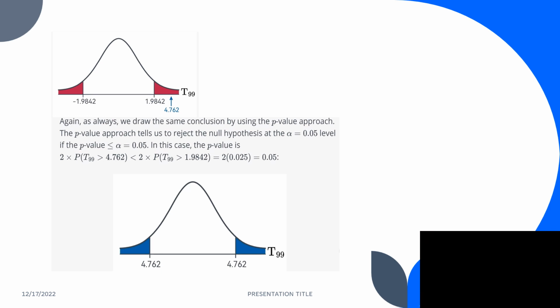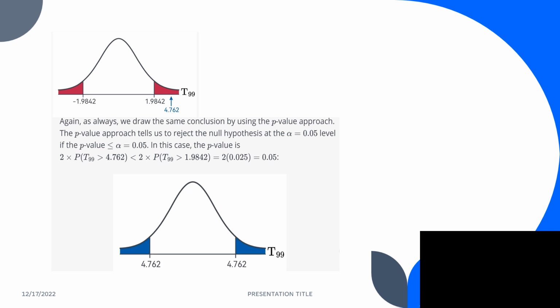The p-value approach lets us test the null hypothesis at the alpha equals 0.05 level. We reject if the p-value is less than or equal to alpha equals 0.05. In this case, the probability value is 2 times the probability that t 99 is greater than 4.762, which is less than 2 times the probability that t 99 is greater than 1.9842, which equals 2 times 0.025, equals 0.05.